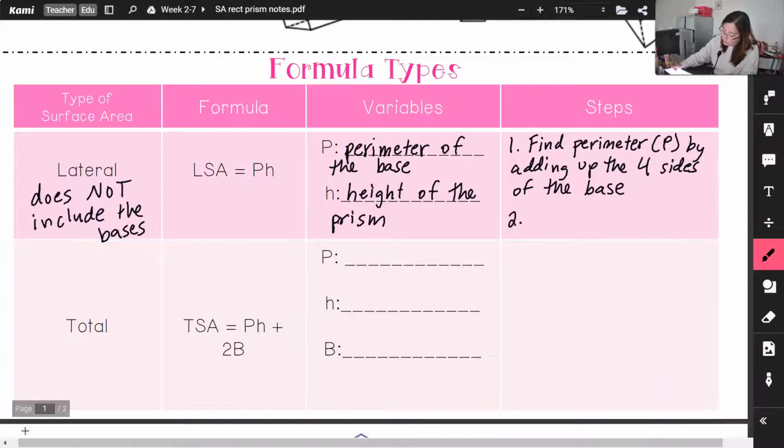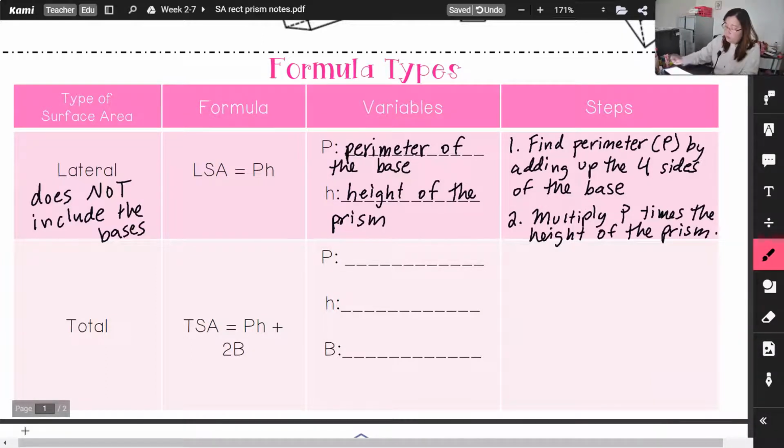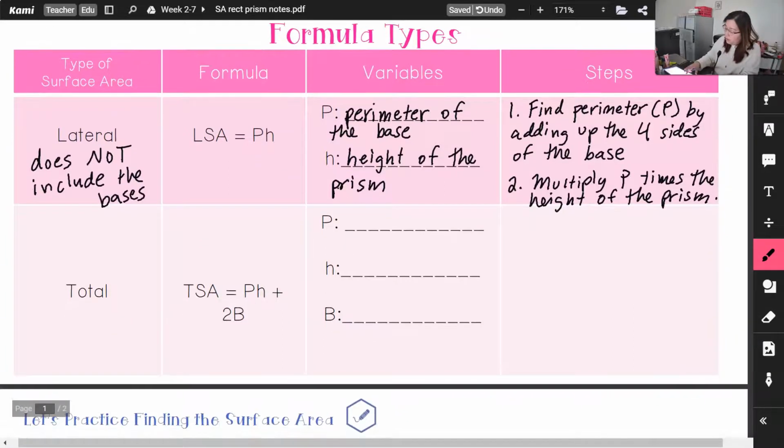Step 2, multiply the perimeter times the height of the prism. Easy peasy, two steps. So find perimeter, multiply the perimeter times the height, that gives you the lateral surface area. Done. Total surface area is a little bit more involved.